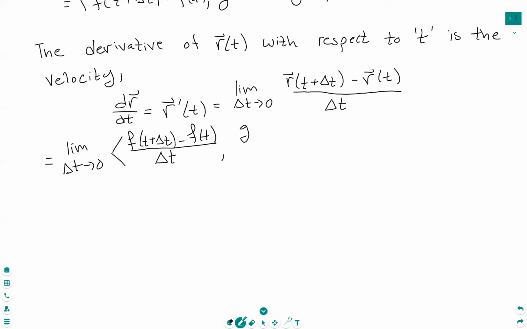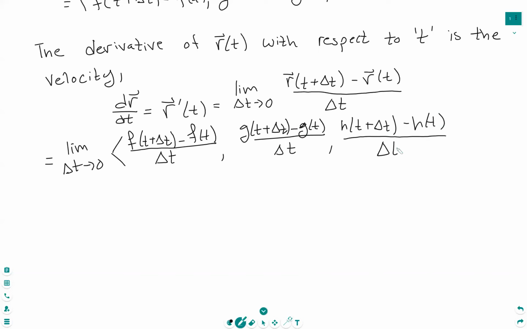So we have g of t plus delta t minus g of t over delta t, and then h of t plus delta t minus h of t divided by delta t. Okay.